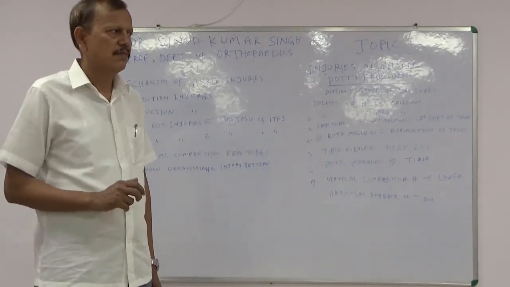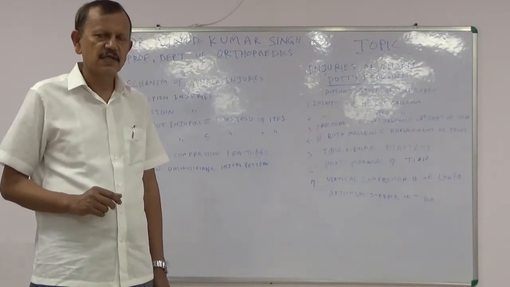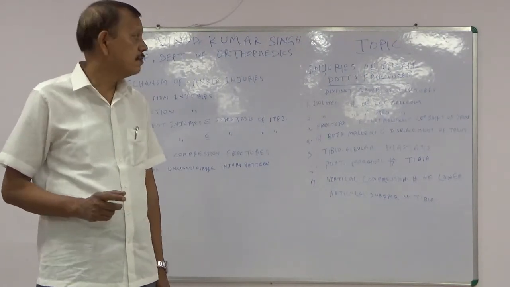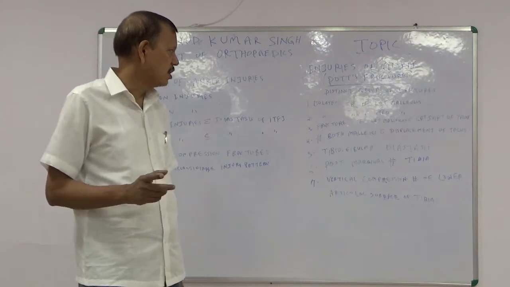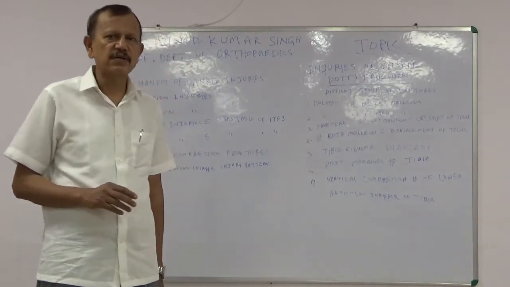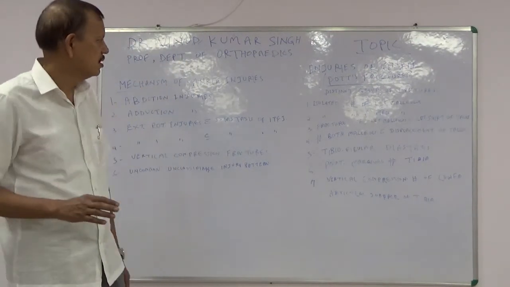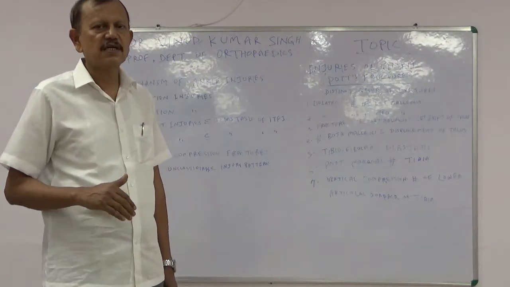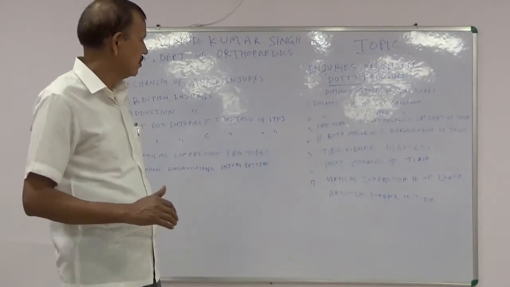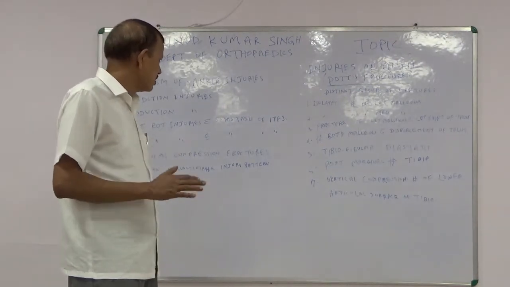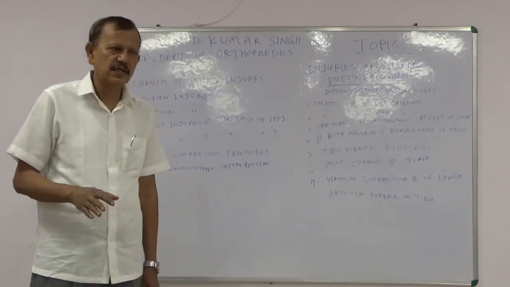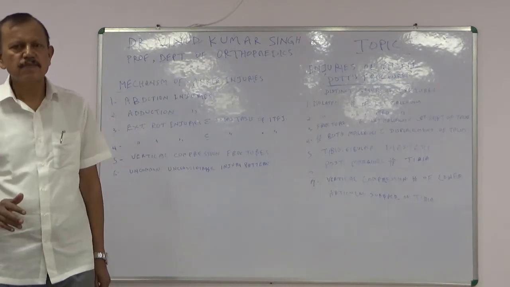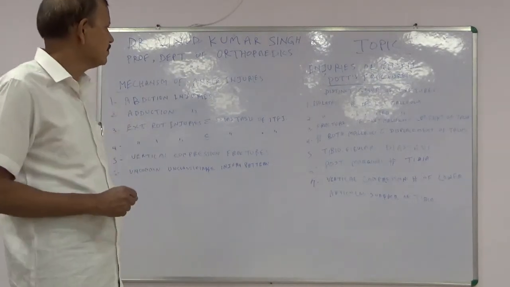The dorsolumbar junction may be affected, the lower dorsal vertebra or the upper lumbar vertebra, because that is the position where the thoracic kyphosis turns into the lumbar lordosis.